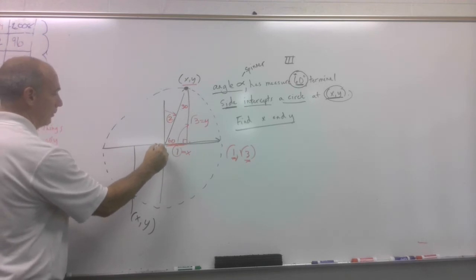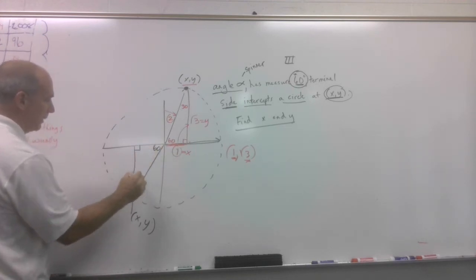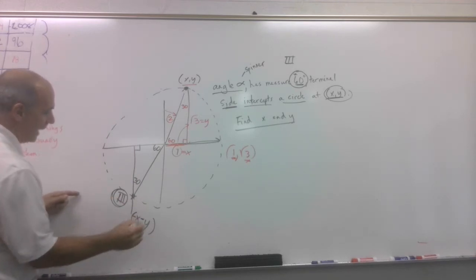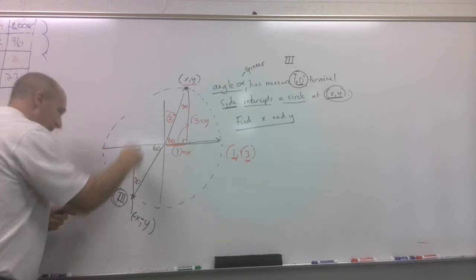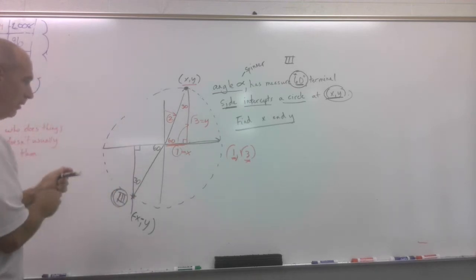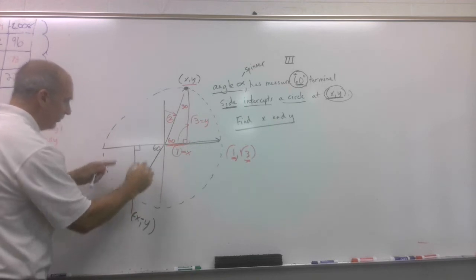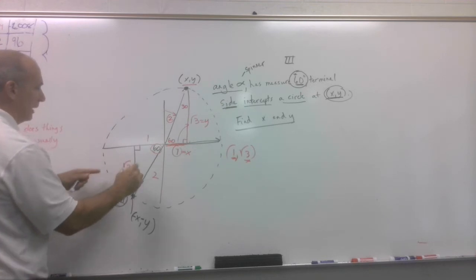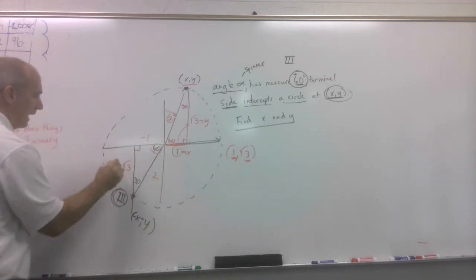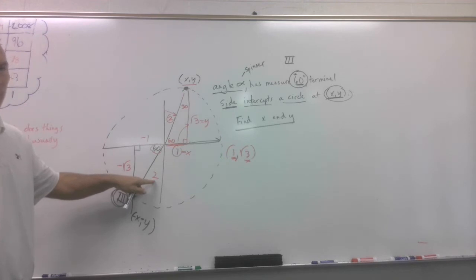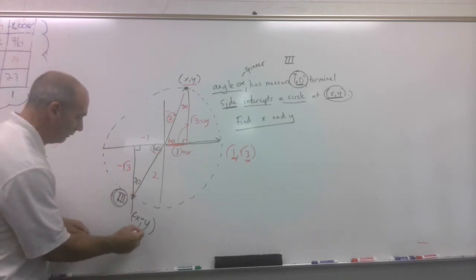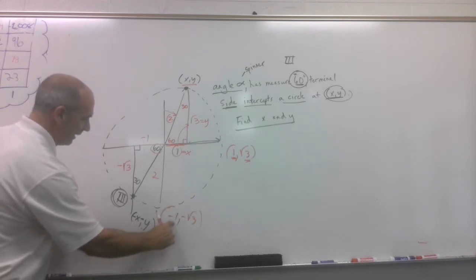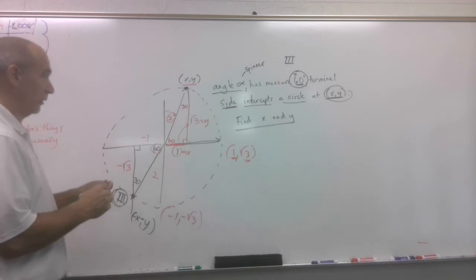Remember, my reference angle was 60, making that 90, making that 30, but remember, we're in the third quadrant, which means our x has to be negative, our y has to be negative, because it's left and down. So we go, okay, well, forget about the negatives. I know this is a 1, I know that's a 2, the side opposite to 60 has to be the square root of 3. But now I got to put the negatives in. Remember, my hypotenuse is always positive. What's this point? It's negative 1, negative square root of 3. That's a different way of saying x is negative 1, y is negative square root of 3.